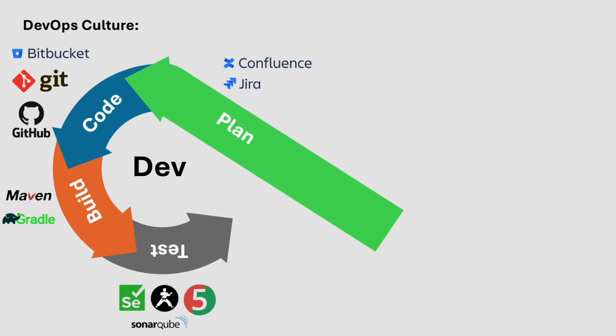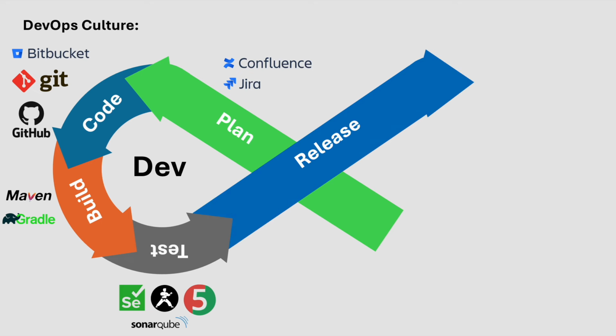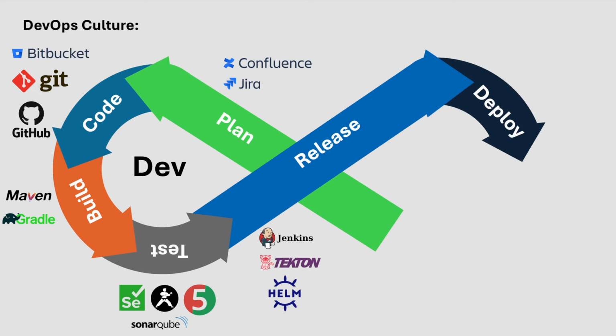After testing, automated pipelines deploy features incrementally with no downtime. Releases are smooth and often go unnoticed by users because they are so seamless. Tools like Jenkins and Argo CD help with continuous releases. Also, deployment is now an automated, effortless process. Using CI/CD pipelines and tools like Docker and Kubernetes, deployments happen multiple times a day.